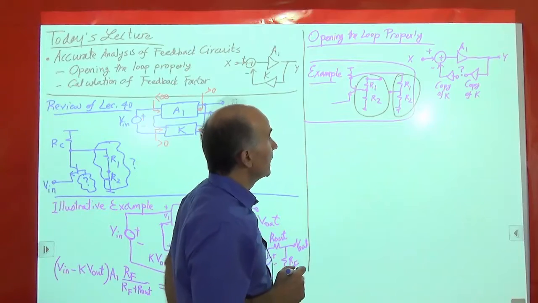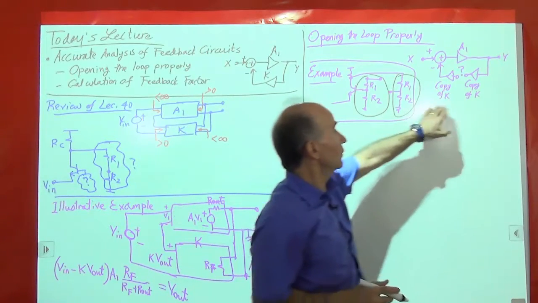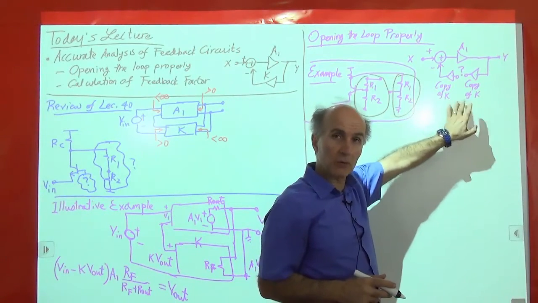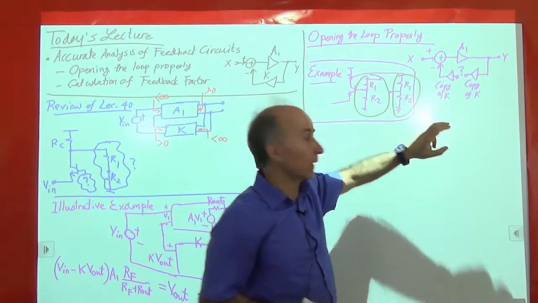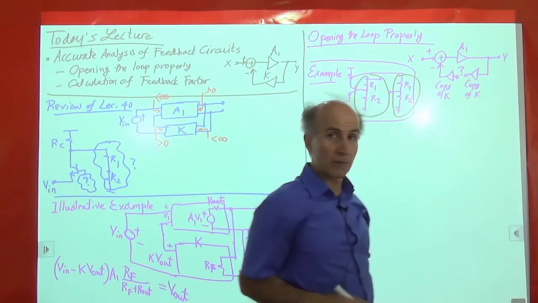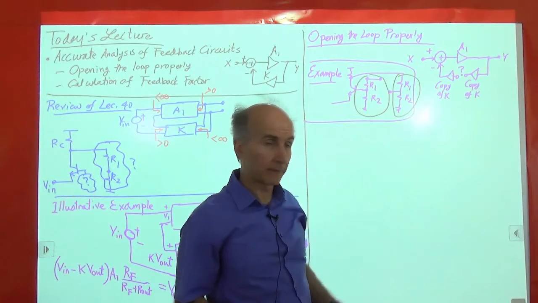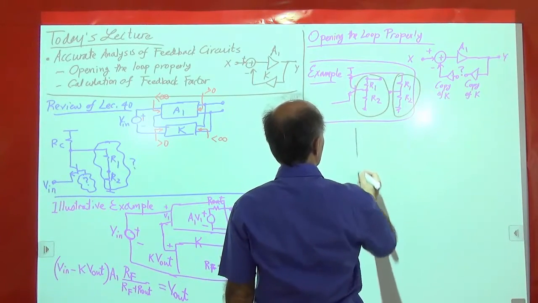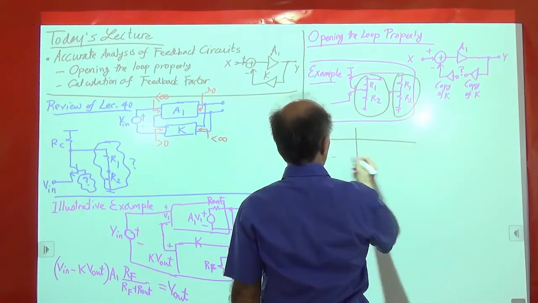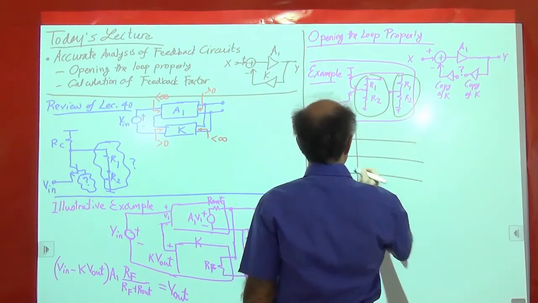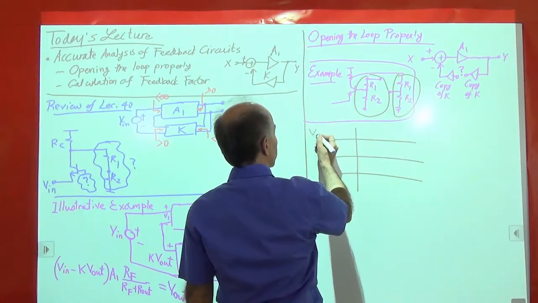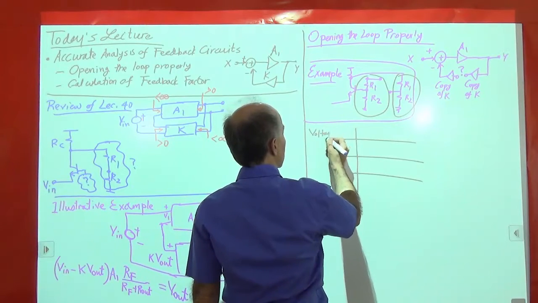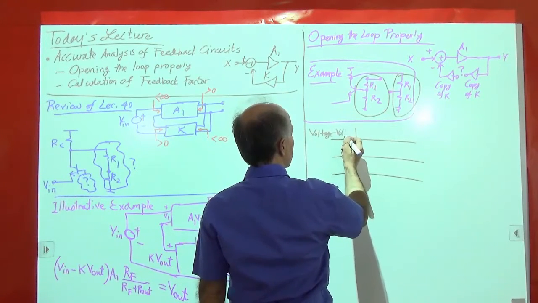All right, so now that we understand how to make these two copies and attach them to the input and the output, we just need to figure out what to do with these nodes. And for that, we're going to draw a table. Okay, so here's a table, and we have 4 feedback topologies, right? So we have voltage, voltage.